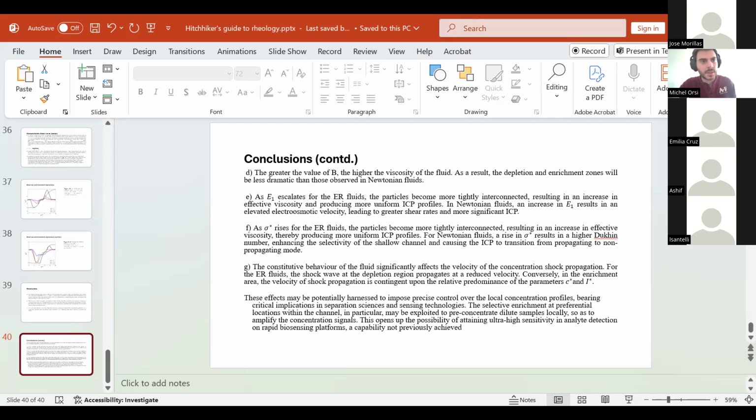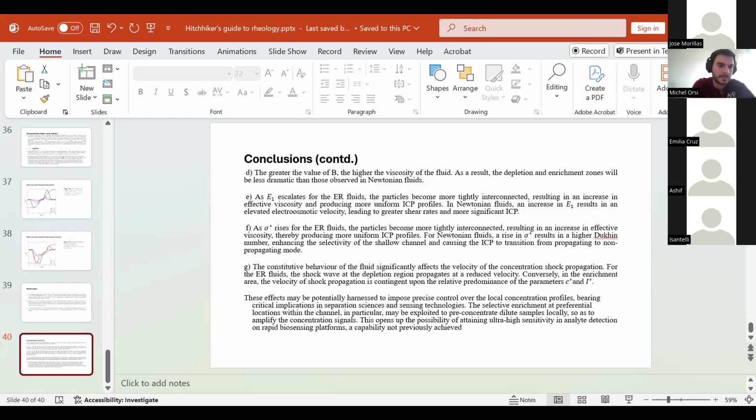Thank you, Anindita, for your talk. I have a curiosity: when you are modeling the ER fluid in COMSOL, the ER fluids have a yield stress when you expose them to an electric field, right? Yes. My question is, have you modeled that yield stress in COMSOL?